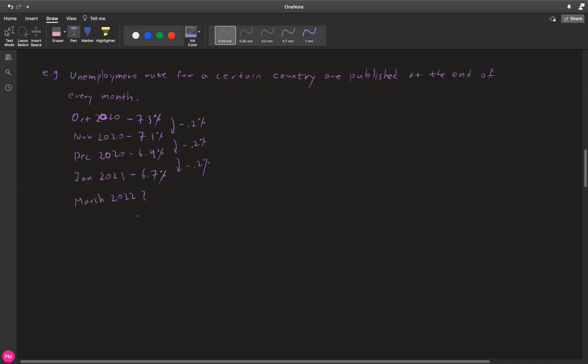So given a problem like this, we can first notice that the numbers are linearly changing, and we can create a model of a linear sequence. Here, let's say October 2020 is the initial population, so this is 7.3%.